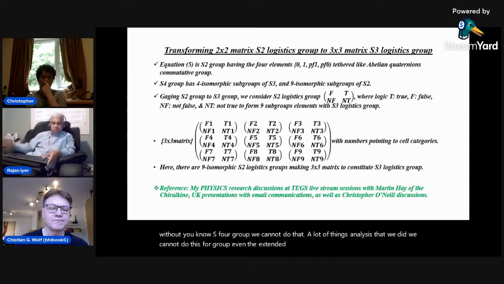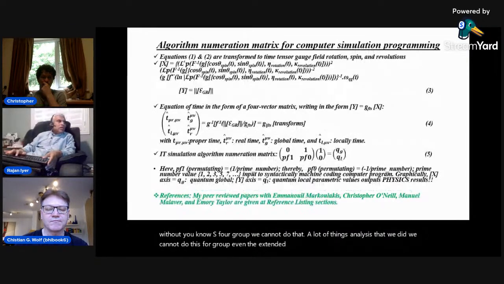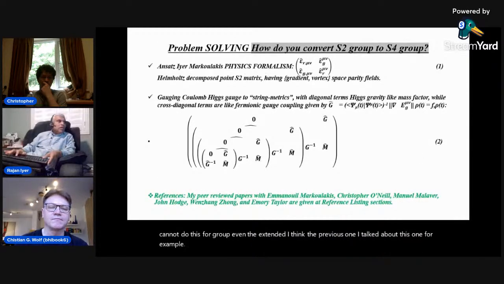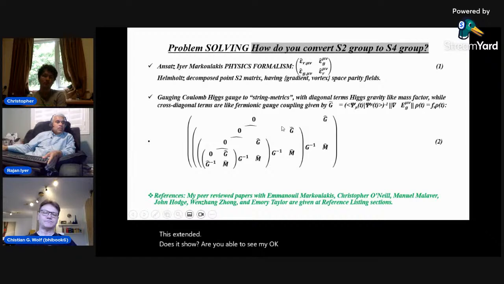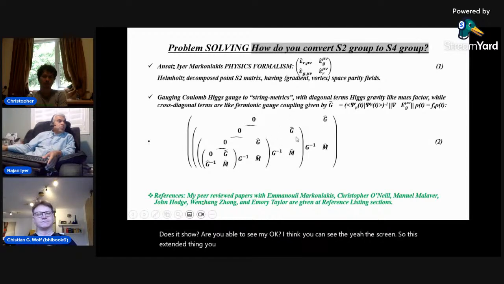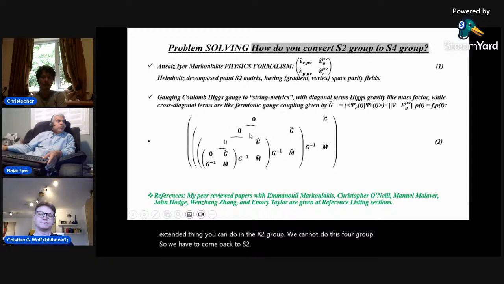Even the extended one, I think the previous one I talked about, this extended, so are you able to see my screen? I think you can see the screen. So this extended thing you can do in the S2 group, we cannot do this in the S4 group. So we have to come back to S2 to understand these kinds of things.